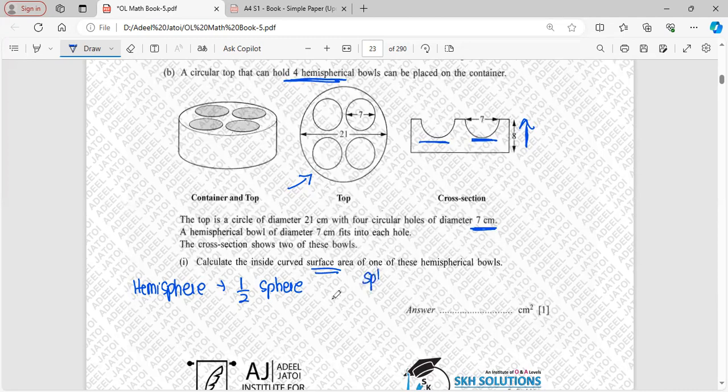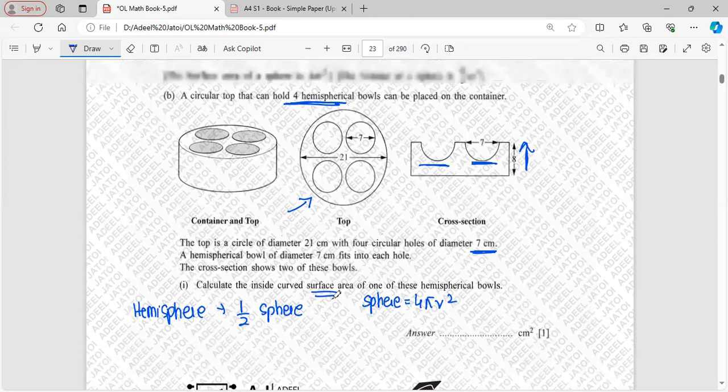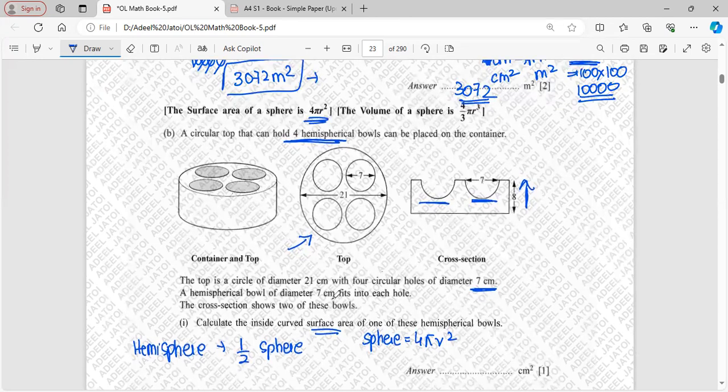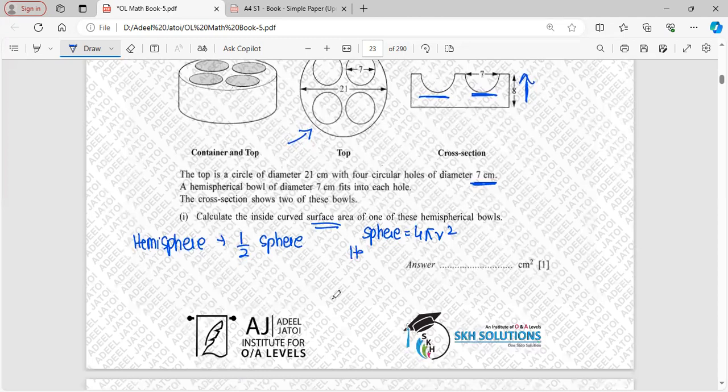Sphere surface area is 4 pi r square, which is already given here. So hemisphere will be half, so it should be 2 pi r square.